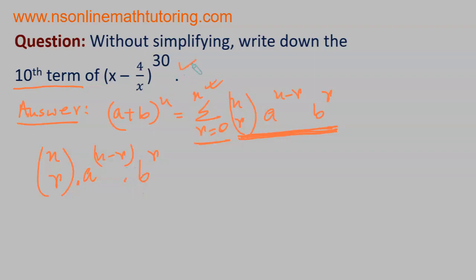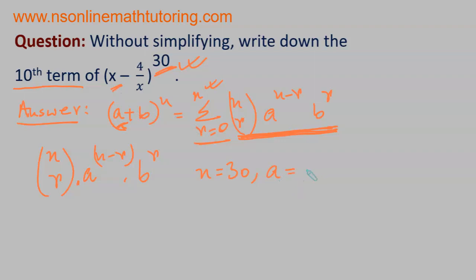Now, for this binomial expansion, (x minus 4 over x) whole raised to the power of 30, what are the values that we are having? What is the value of n? N stands for the power. So, n is equal to 30. What is the value of a? A is the first term. So, x is the first term.